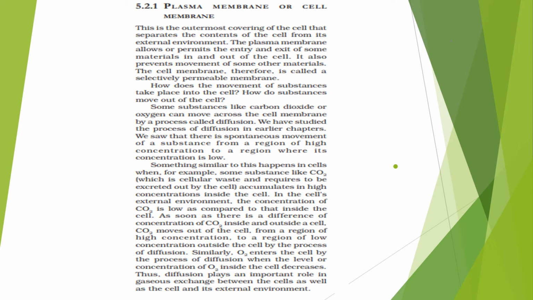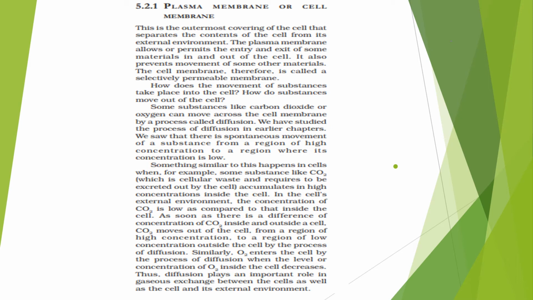We saw that there is a spontaneous movement of a substance from a region of high concentration to a region where its concentration is low. Something similar happens in the cell. For example, a substance like carbon dioxide, which is the waste material for the cell, should be sent outside from the cell.